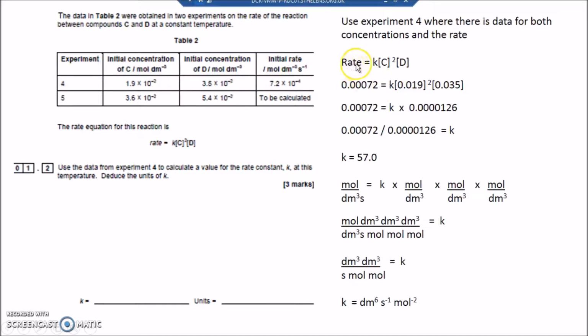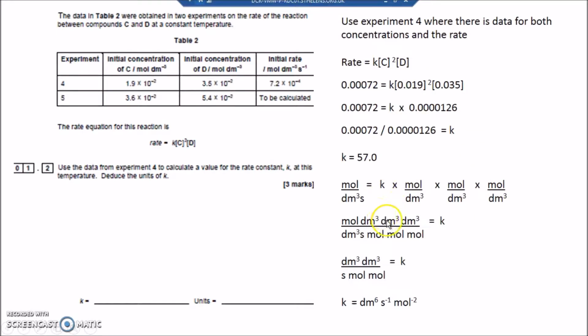So what we do then is, rate is moles divided by decimeter cubed divided by seconds. That's always the case. Mole per decimeter cubed per second equals K. We don't know the units of K, and we've got a concentration squared, so we've got a mole divided by decimeter cubed, mole divided by decimeter cubed, and another concentration here, mole divided by decimeter cubed.